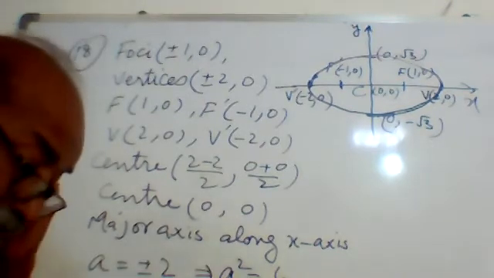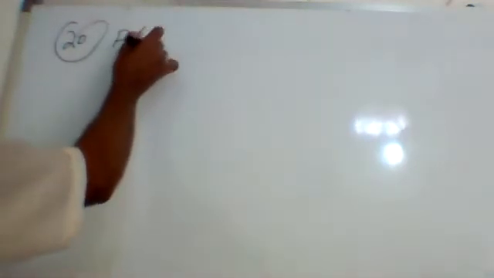Now, question number 20. Foci at 0, comma plus minus 2. 0, comma plus minus 2 means one is 0, comma 2, the other focus is 0, comma minus 2.